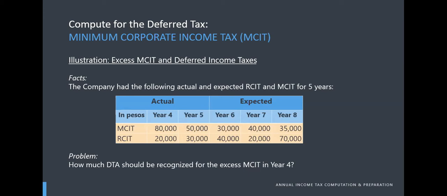So, year 4 na kasi the company is already subject to MCIT on year 4. So how much DTA should be recognized for the excess MCIT in year 4?